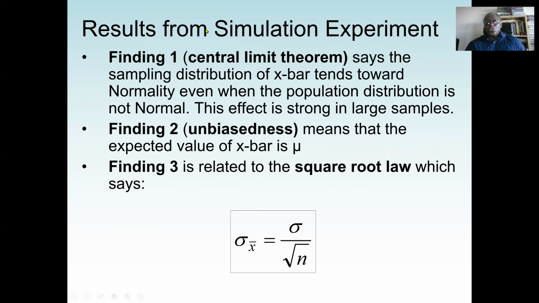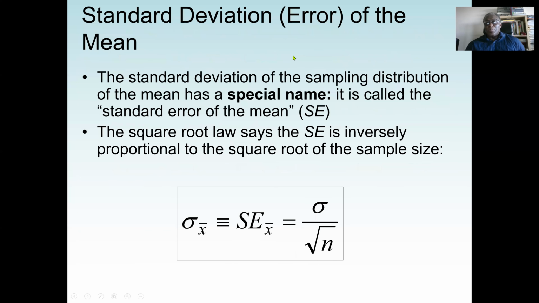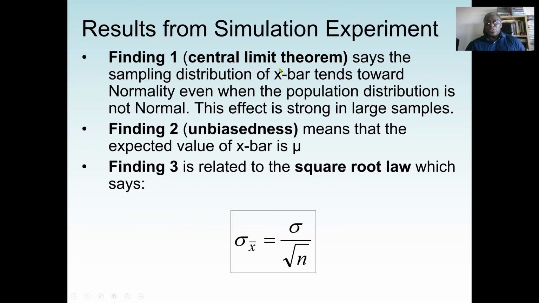So that's again the result from the simulation experiment. As we said earlier, finding one is the central limit theorem. The reason why, as we said, the sampling distribution of the mean will be normal for B. And also the mean of the population is the same as that of the sampling distribution.